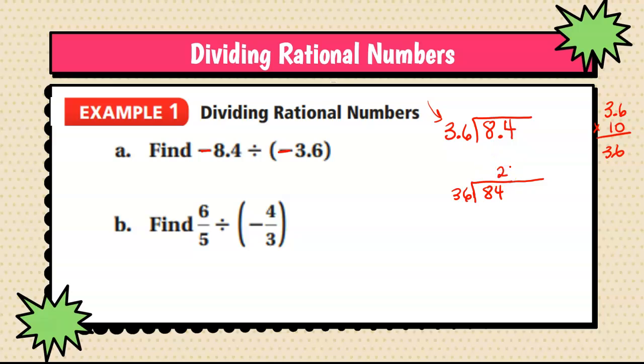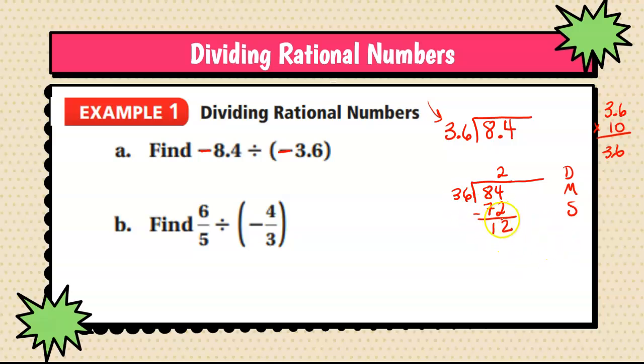If it goes in twice, I'm placing the 2 above the 4 because I'm dividing this 36 into that whole 84. I've divided, and then I'm going to multiply. 2 times 36 is 72. Multiply, and then I'm going to subtract. 84 minus 72 is 12.